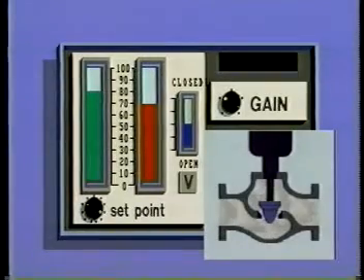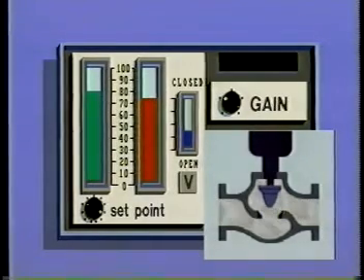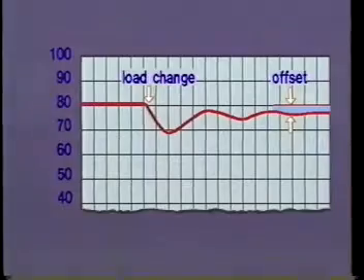The proportional controller sensed this change and opened the valve gradually and continued to open the valve until the temperature leveled off. But even then, the product temperature was below the lower limit. This condition is called offset from the desired set point and is caused by a load change on the process.